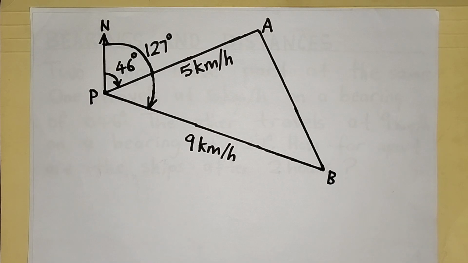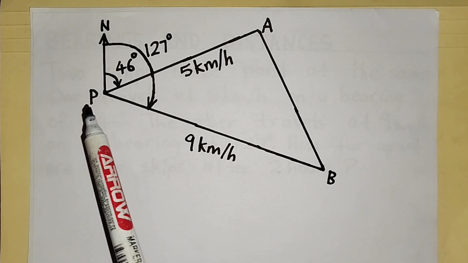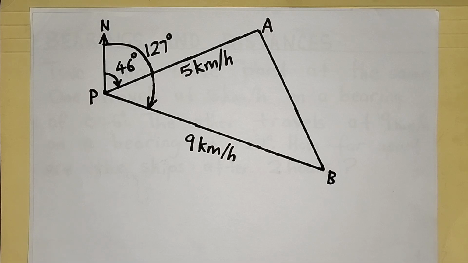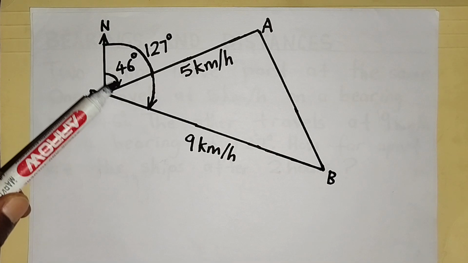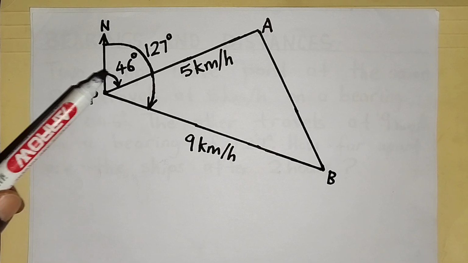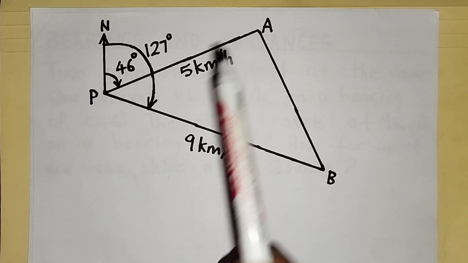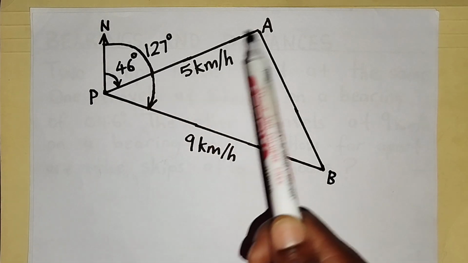Ship A traveled from port P at a bearing of 046 degrees, shown by this arc here, at a speed of 5 kilometers per hour.